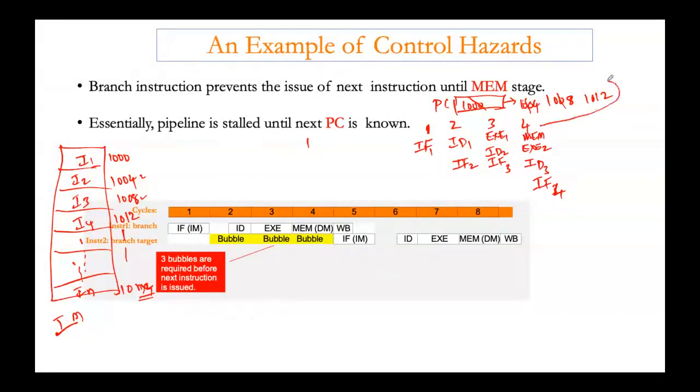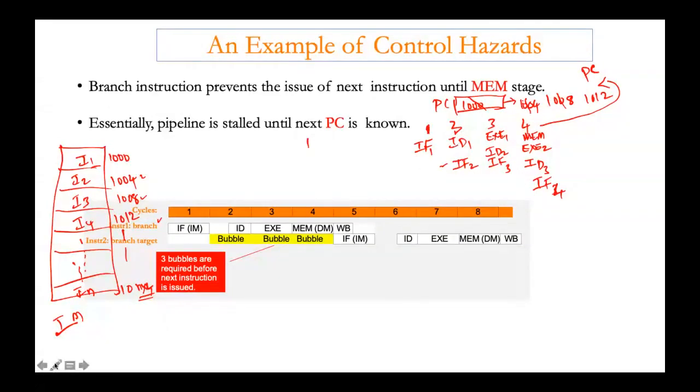At this stage, instruction 1 updates the program counter with the effective address if it is a branch instruction. But we don't know whether instruction 2, 3 and 4 should be taken or not. When the branch instruction enters decoding, only at the decoding stage does it come to know that it is a branch instruction.